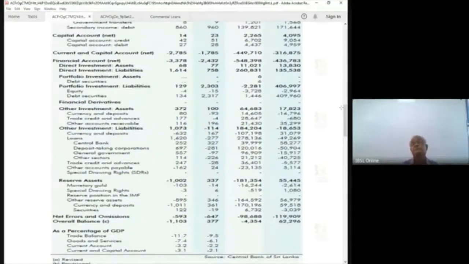Foreign investors invest in these sovereign bonds. Sovereign bonds means government guaranteed, 100% guaranteed, zero risk bonds. When foreigners buy them, there is a dollar inflow. The selling and buying of financial assets are entered in this financial account.